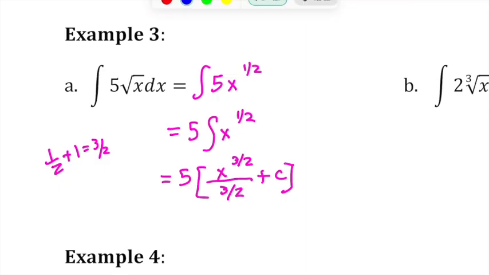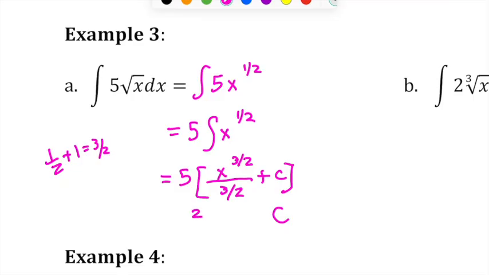Now, when I distribute this 5 through, this 5 is just going to be multiplied by the constant. So we just kind of say that it's c still, because that's any constant. Now, simplifying this, I'm going to get 5 on top, and then I'm going to move this outside and reciprocate.